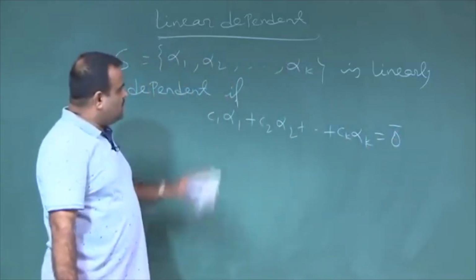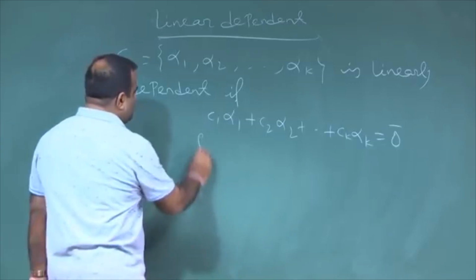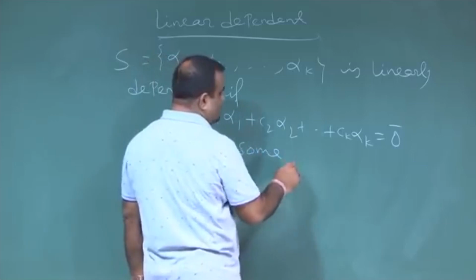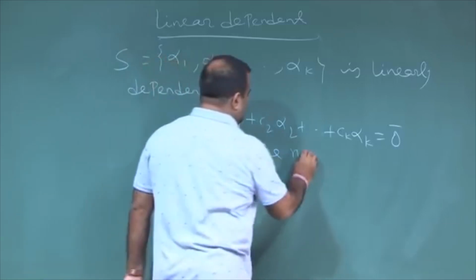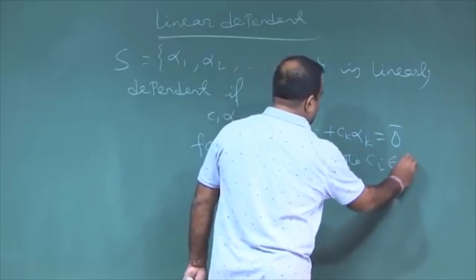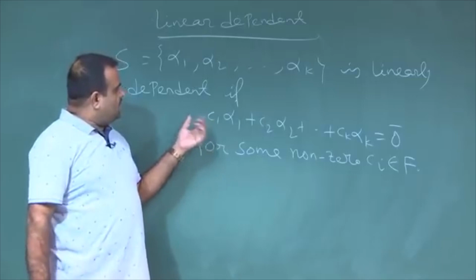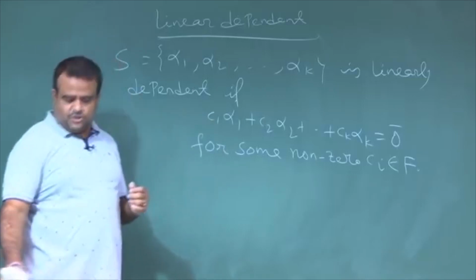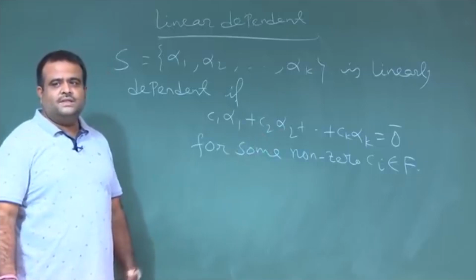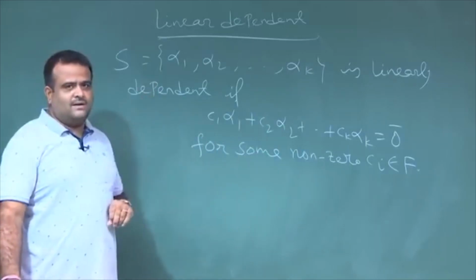if this is the 0 vector for some non-zero c i's. So, if there exist some non-zero c i's for which this linear combination is 0, then we say this set is linearly dependent. Okay.